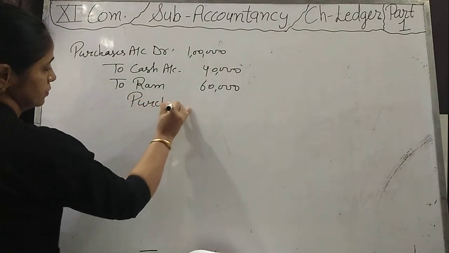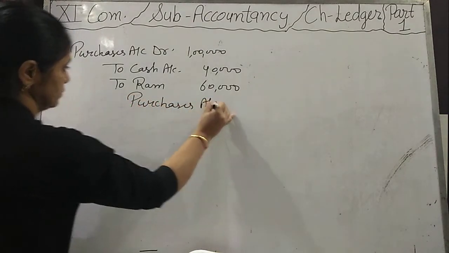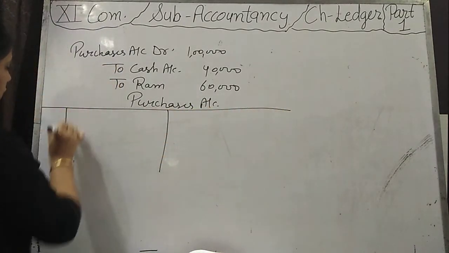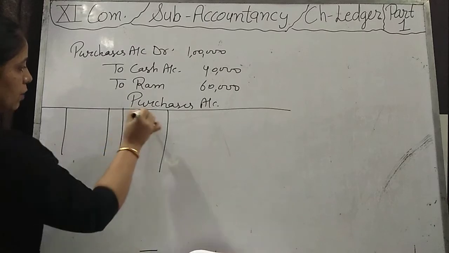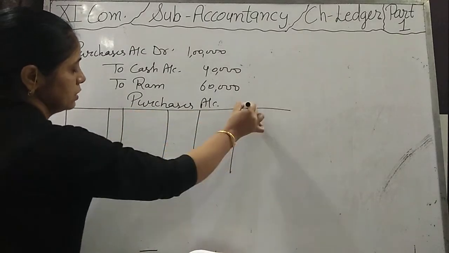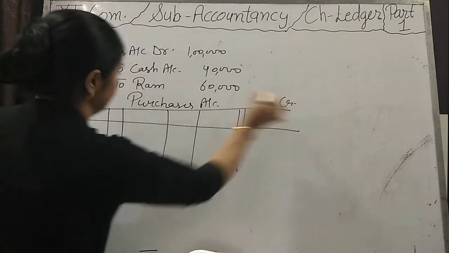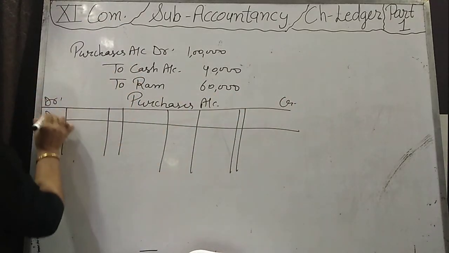Purchases account, date particular journal folio amount, date particular journal folio amount, debit, credit.